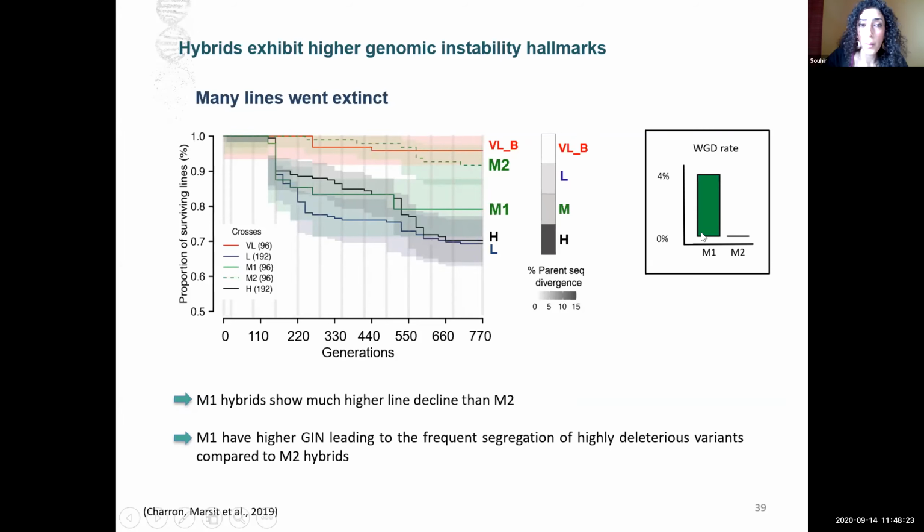During our mutation accumulation experiment, we observed that many lines went extinct before the end of the experiment. And we observed that the M1 hybrid, which shows a higher rate of whole genome duplication, also shows a much higher rate of line decline than M2 hybrids, which suggests that there is a higher genomic instability leading to the frequent segregation of highly deleterious variants compared to the M2 hybrids.